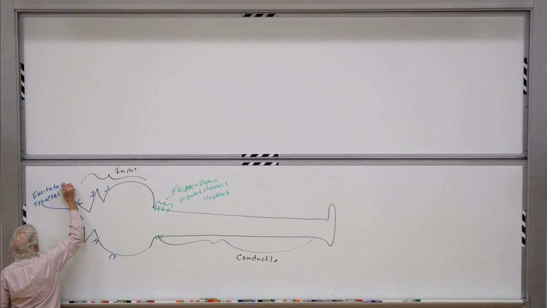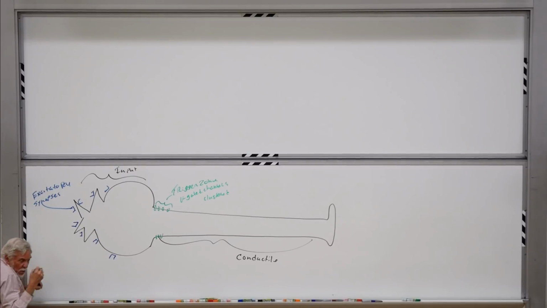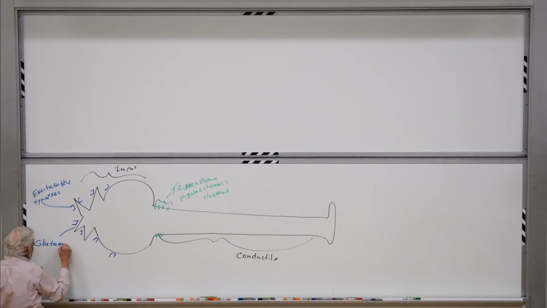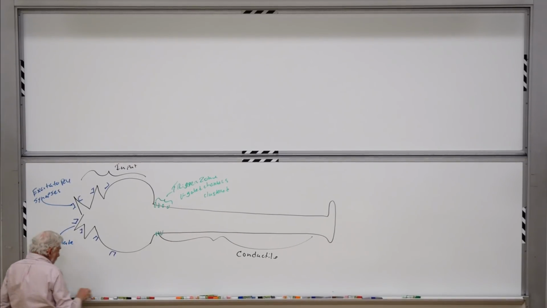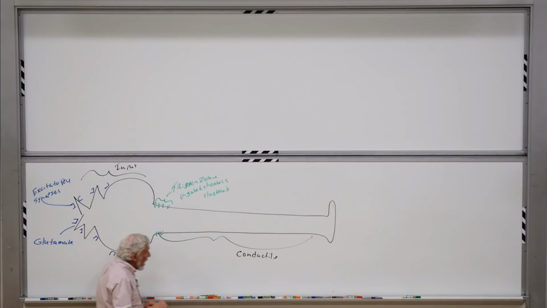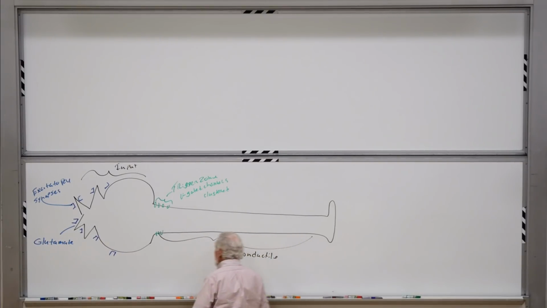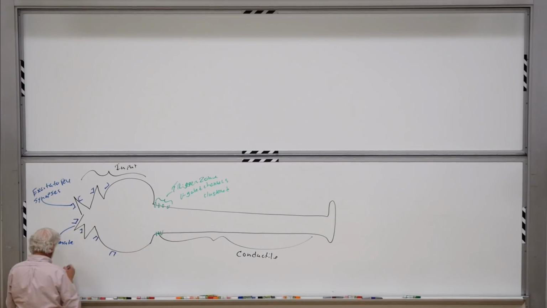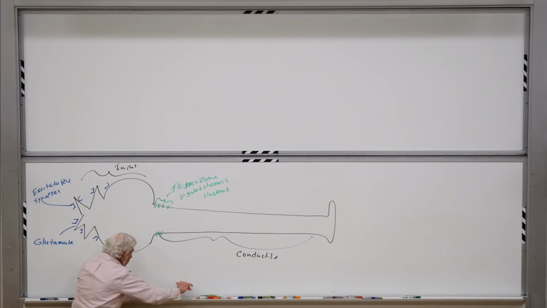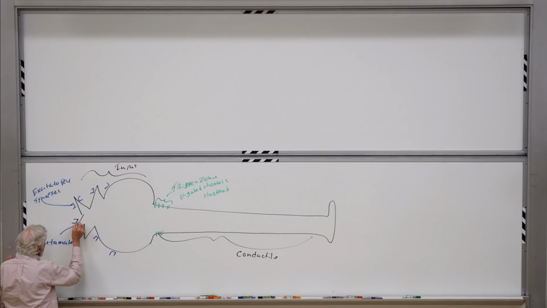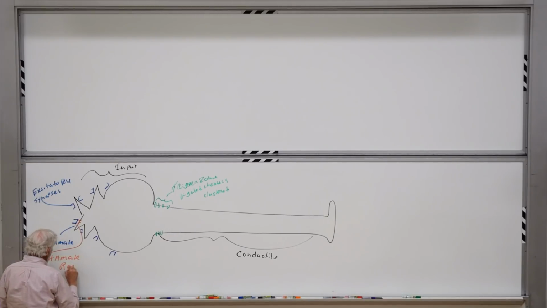As excitatory synapses, they were, for the most part, in the nervous system, releasing the amino acid glutamate. We then emphasized that the glutamate would bind to glutamate receptors, where these are the glutamate receptors.